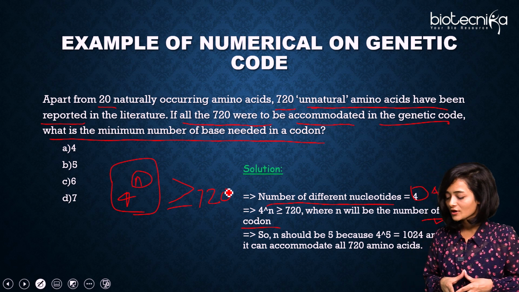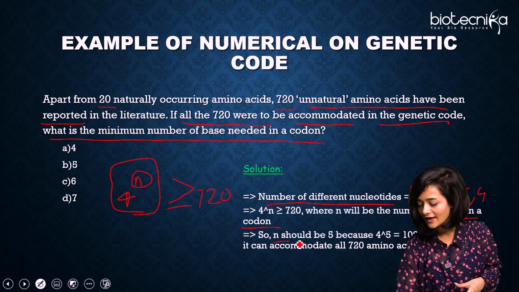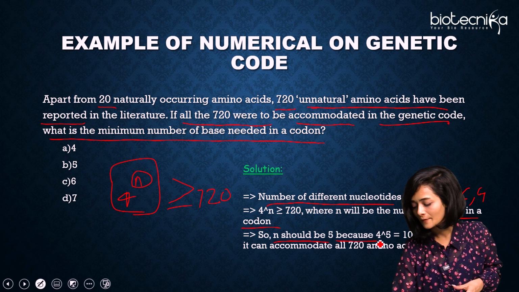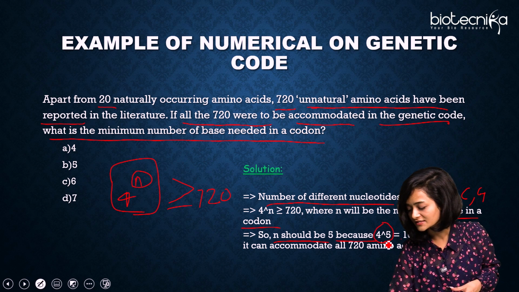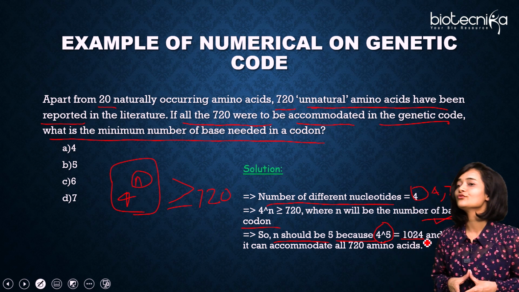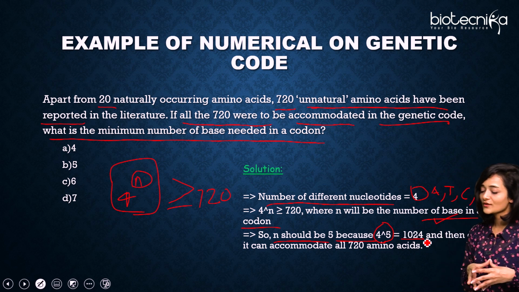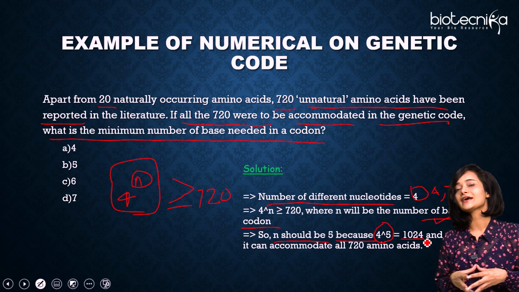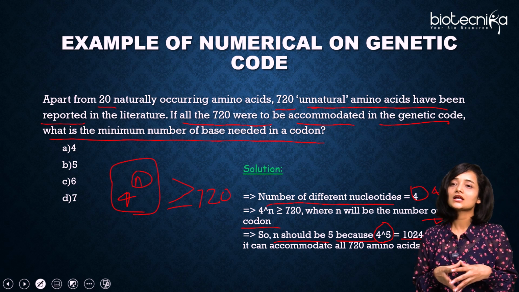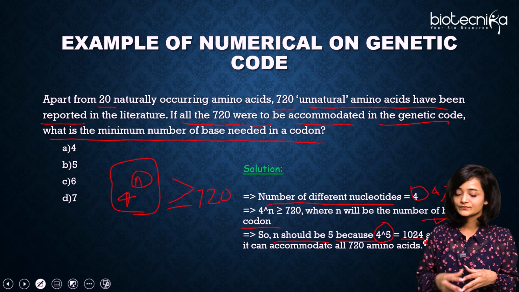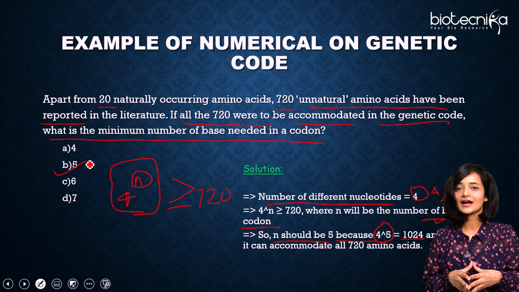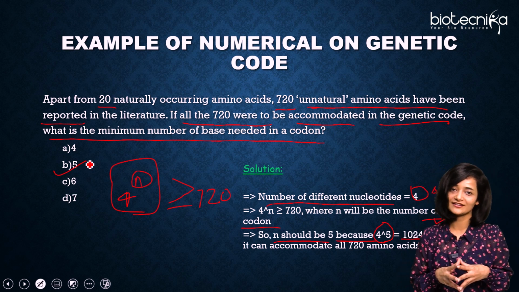For this, n should be 5, because 4 to the power 5 is equal to 1024. In this way, you can solve these kinds of numerical based questions which come in the genetic code topic. So answer B would be correct. I hope all of you would have marked the right answer.